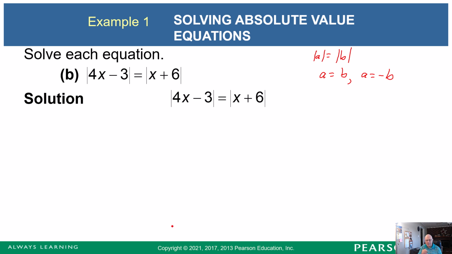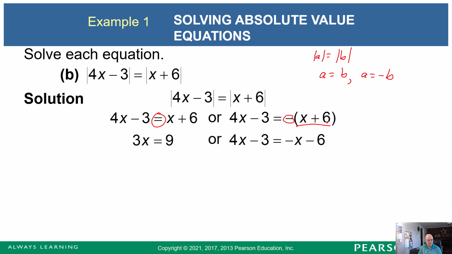If you remember that, which you need to, then we can write those two equations. If they are the same number, there you go. If they're different numbers, then one is the opposite of the other. And then once you've got those written down, you solve the equations. Add 3 to both sides, subtract x.